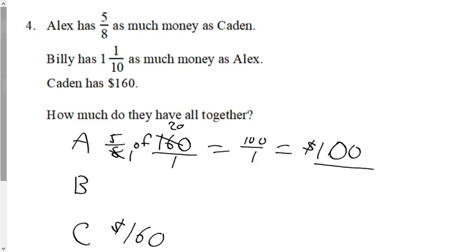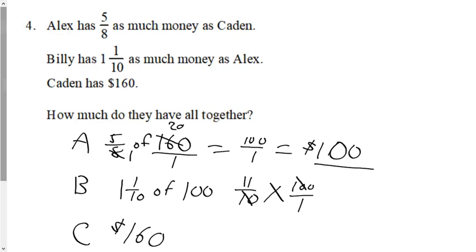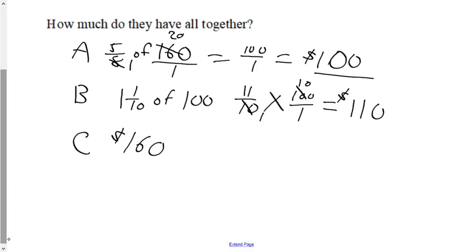Well, now that we know the dollar amount, 1 1/10 as much of Alex's, which is 100, or improper fraction of 11 over 10, multiplication, 100 over 1. If you cross-reduce, both are divisible by 10, you get 110. You have $110. But we're not done, because it says how much do they have all together.